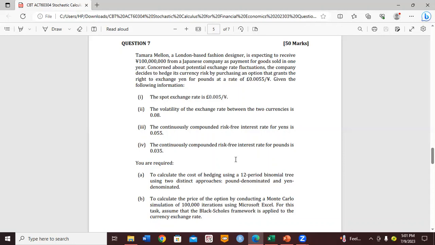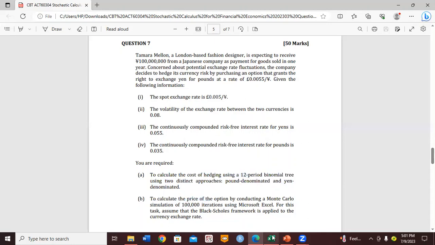I hope it's making sense in terms of exchange rate. This is going to be important when we're calculating this part, because the pound denominated is going to be a put on her side and the yen denominated is going to be a call.